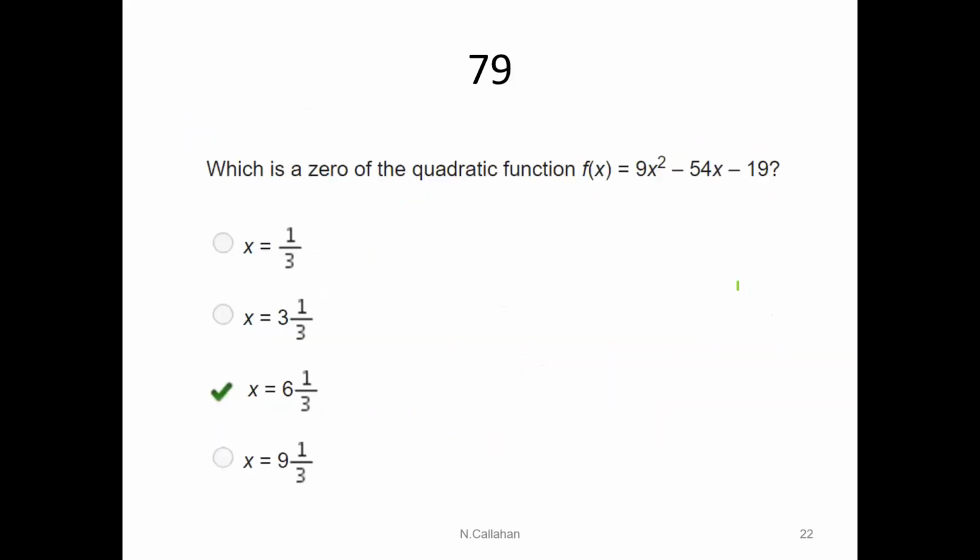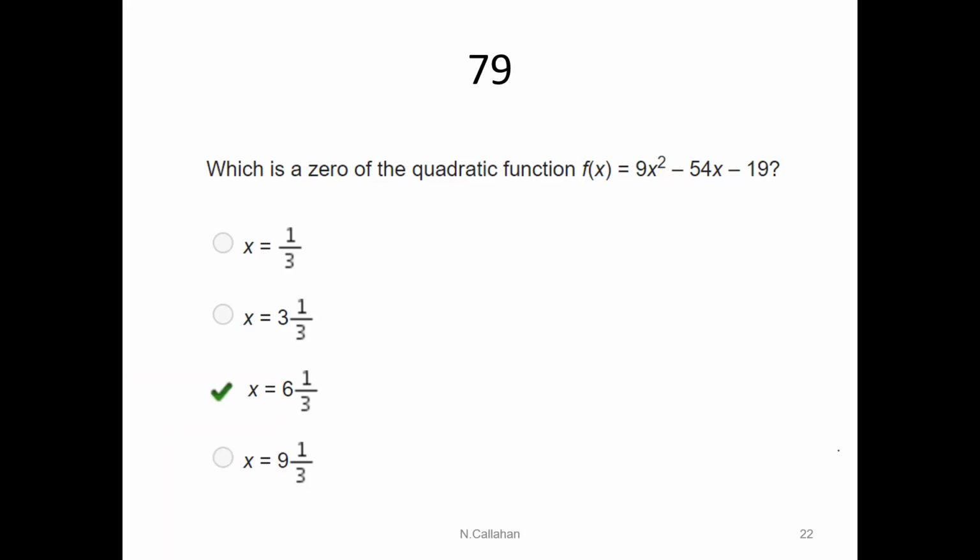Okay, number 79. Go ahead and take a moment and read it. All right, which are the zeros to this?